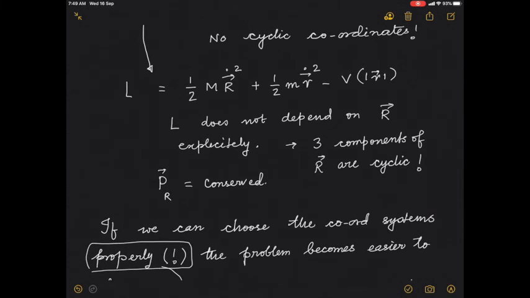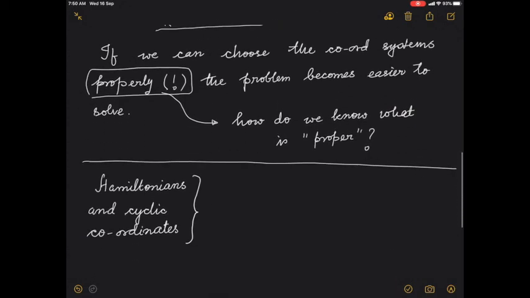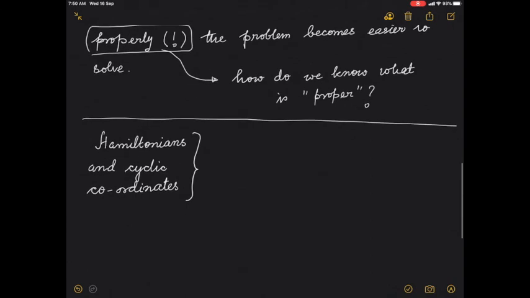In the case of Lagrangian, remember that if L doesn't depend on a particular coordinate, in this case 3 of them, then the corresponding momentas are conserved. So in this case 3 momentas are conserved. Similarly, what happens for the Hamiltonian?